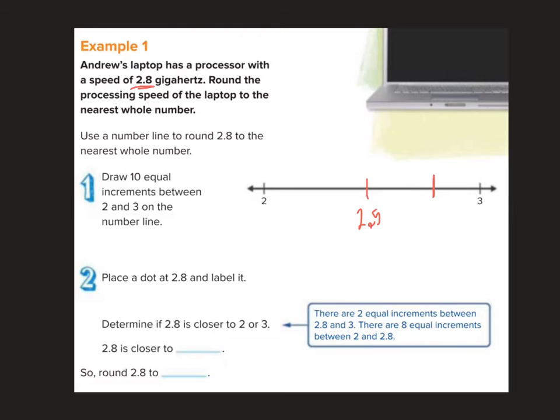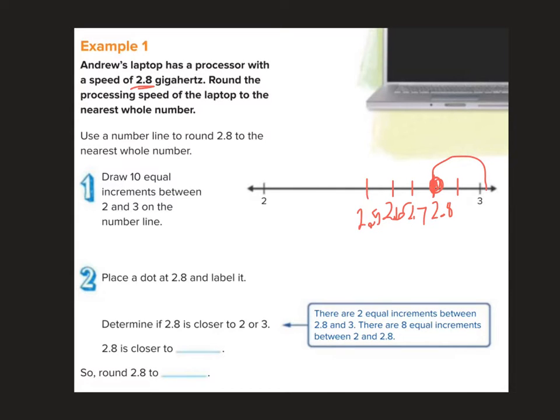And so we would say, okay, maybe 2 and 6/10, 2 and 7/10, 2 and 8/10, 2 and 9/10, and 3. Okay, so 2 and 8/10, if it's right here, it is going to round up to 3.